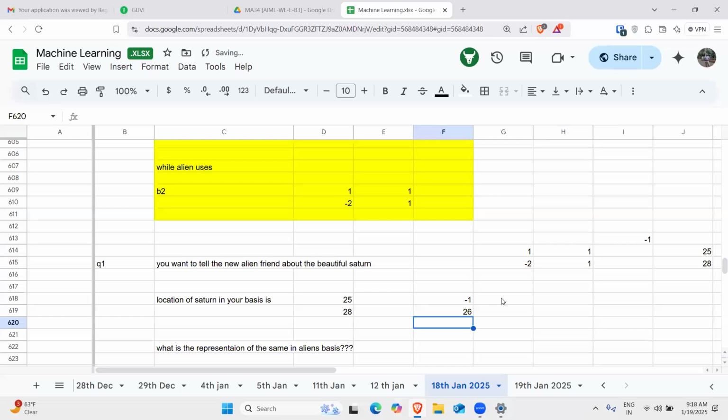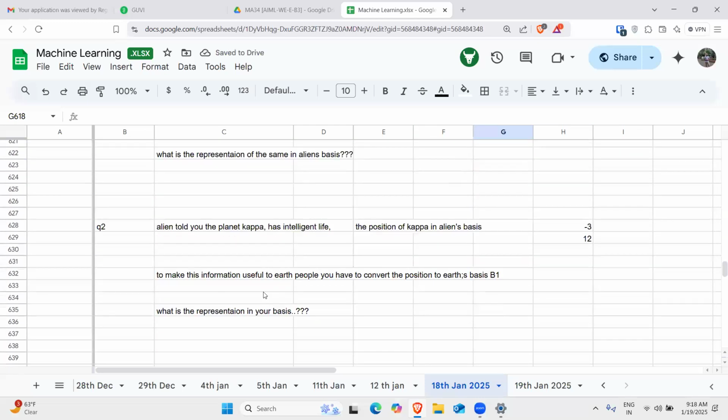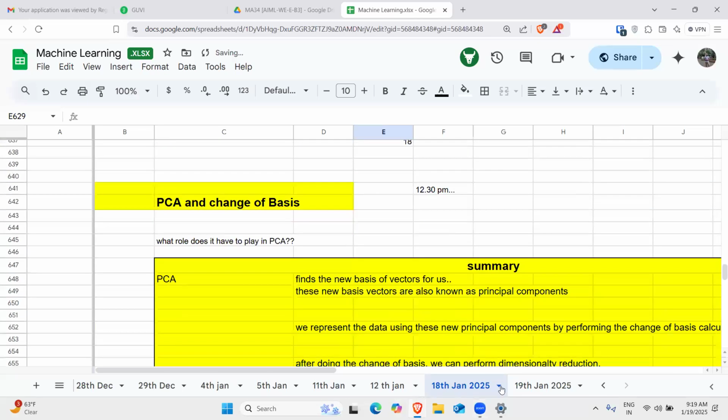We'll get this. And what about the second answer? 918. The second is correct. Very good. Second is 918. This is correct, right? 8131 is wrong. Very good.